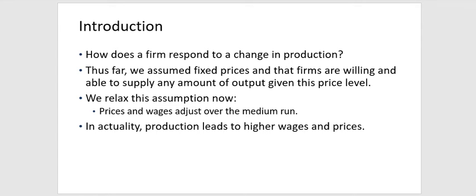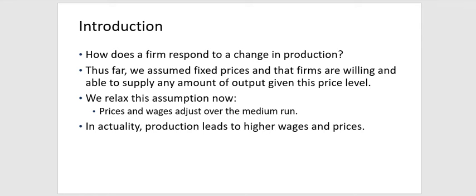To get the hang of things, think about what happens when firms respond to an increase in demand by increasing production. A sequence of events is more likely to happen, especially from the labor market point of view. Higher production will lead to higher employment.